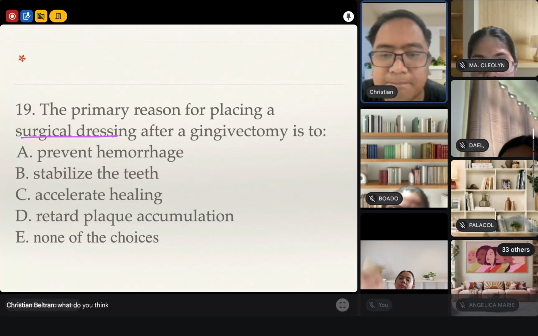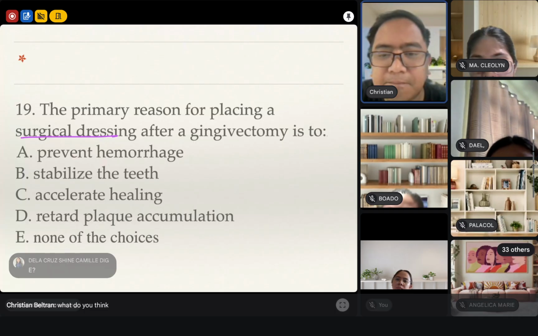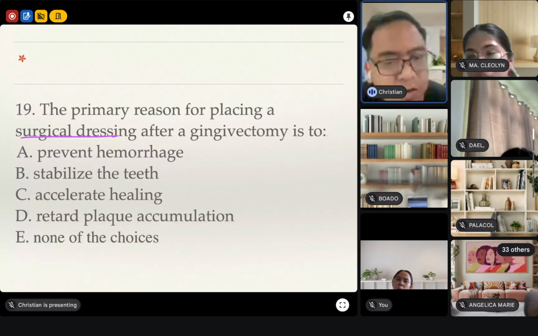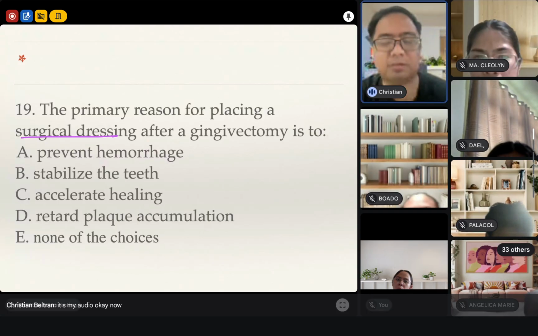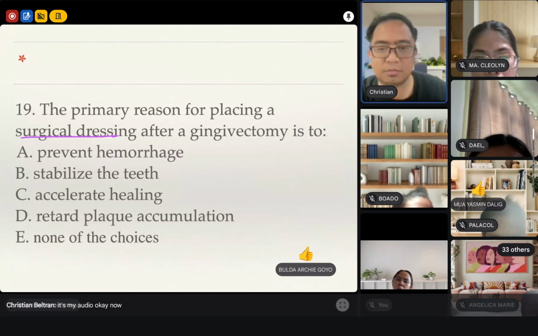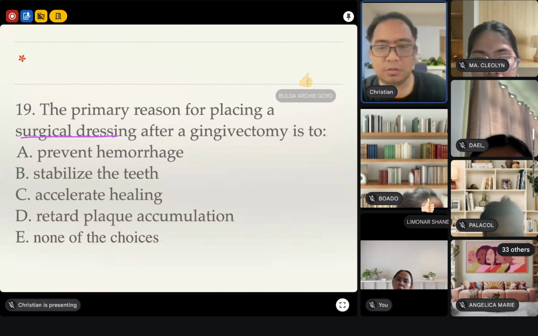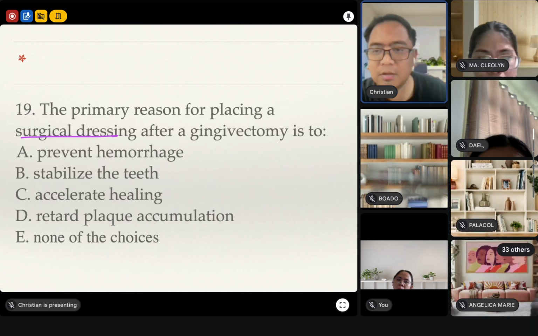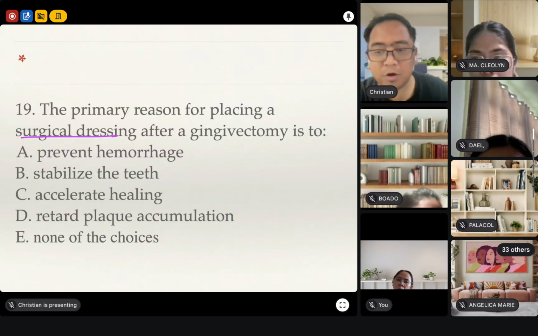What do you think? Settings. Is my audio okay now? Or naging okay naman? So, anong type ninyo? Wait lang, let me check. Ayaw mag-open ng messages.